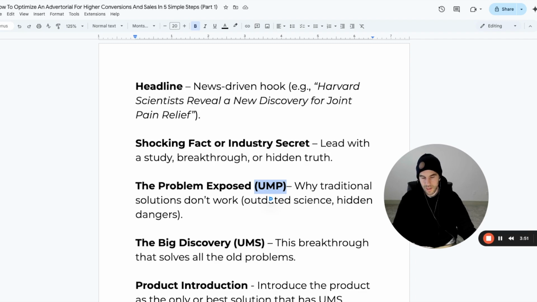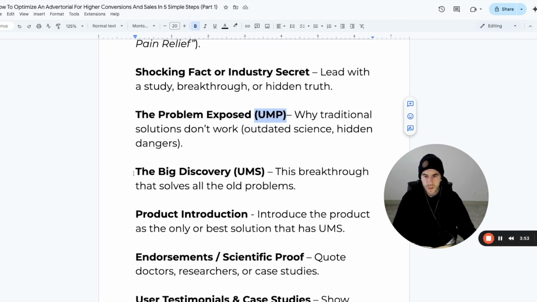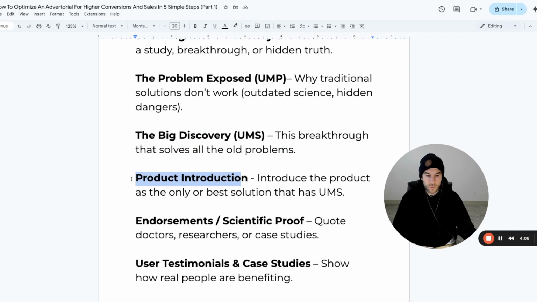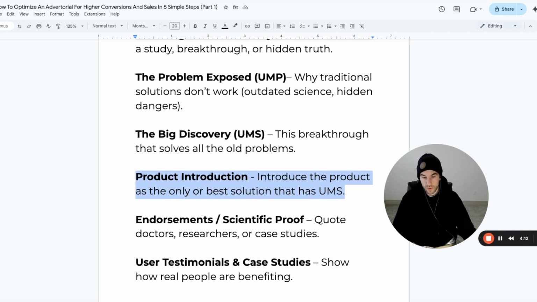That is really what this section is about. Then we're going to talk about the big discovery, this breakthrough that solves all those old problems. It works in XYZ to be able to solve the unique mechanism of the problem. Then we're going to introduce the product as the only or the best solution that has the unique mechanism of the solution to be able to get them results.